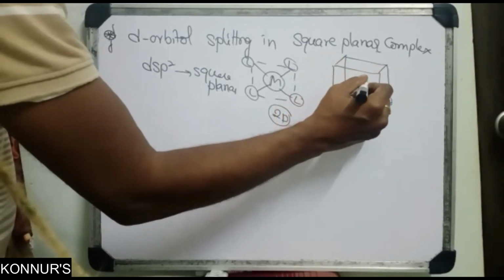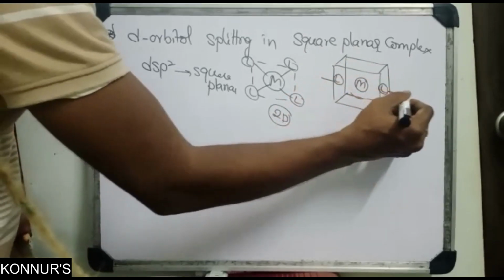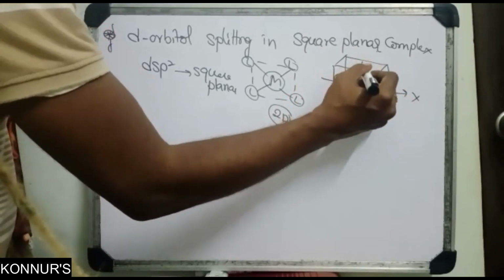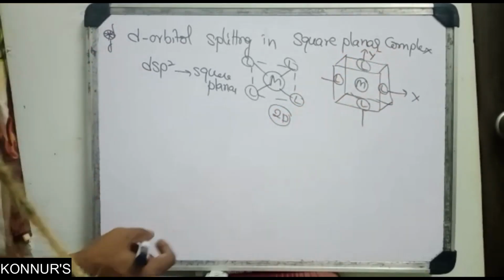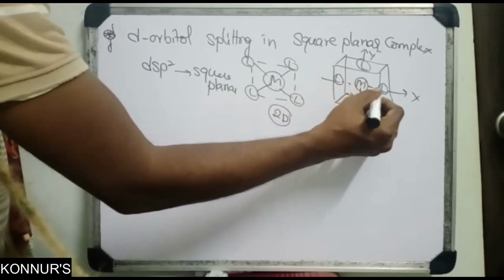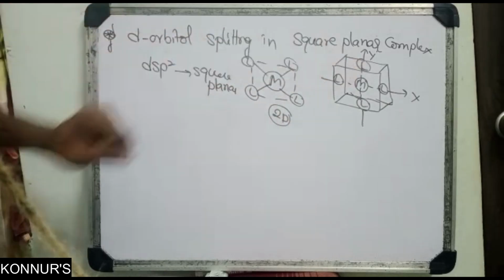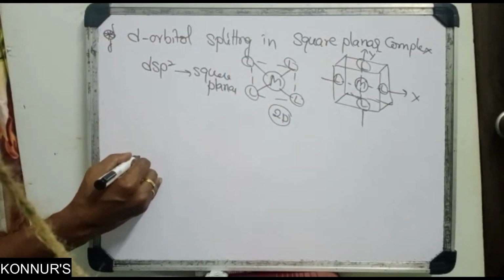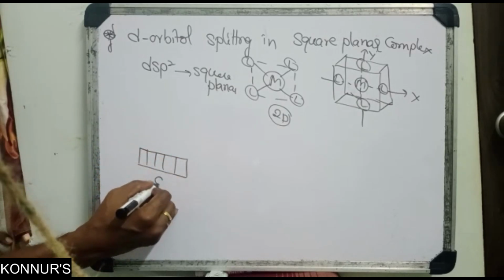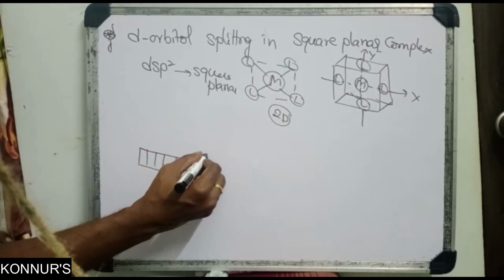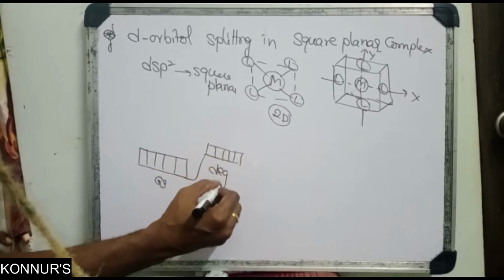In this, the metal. Here the ligands are approaching the x-axis and y-axis, so the z-axis is absent. So first of all, ligands are coming on the x-axis. First the ground state, so the ground state is excited. This is called degenerated.